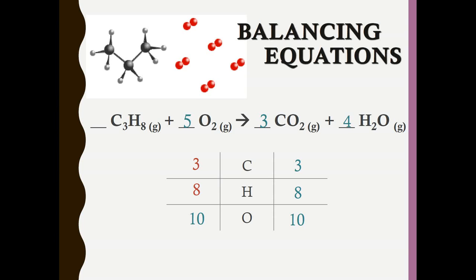So I get 3 carbons on both sides. At the same time, my oxygen also changes. If I put down a 3 as a coefficient in front of carbon dioxide, I get 3 carbons, but at the same time 3 gets multiplied by 2 from the subscript of oxygen, and it becomes 6.